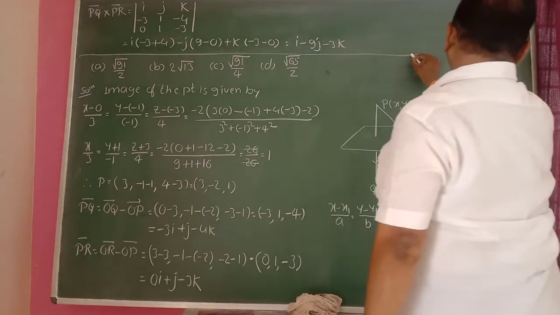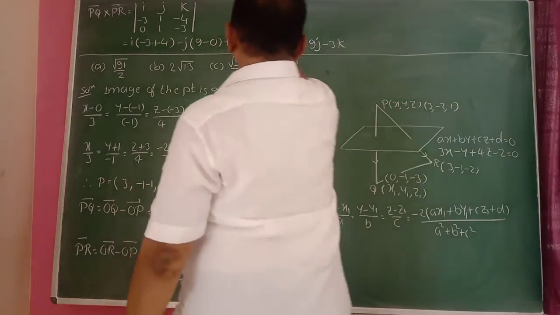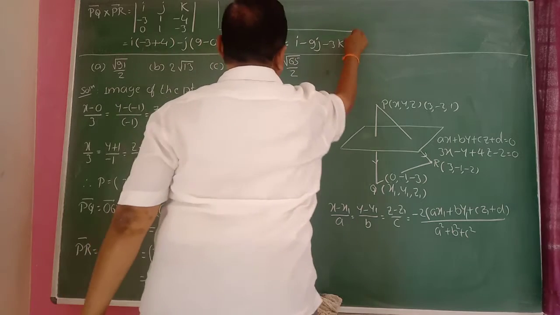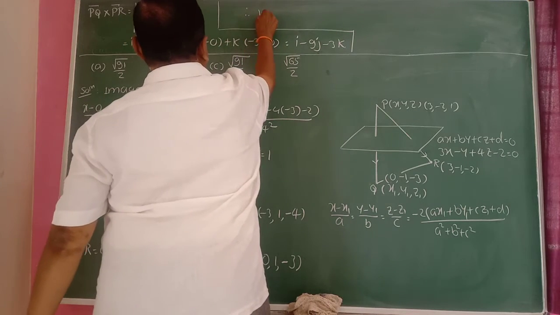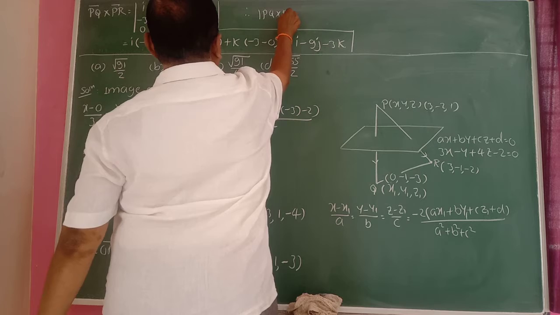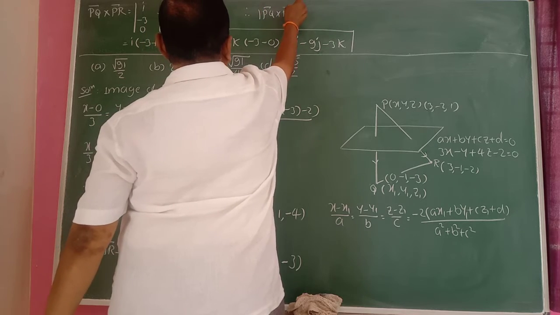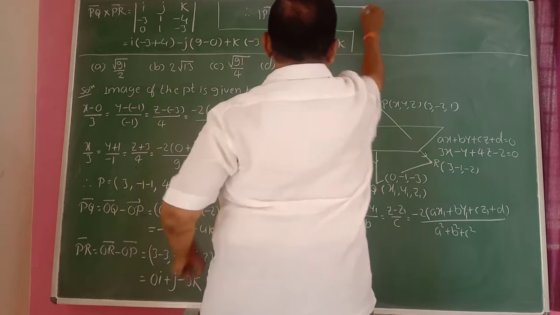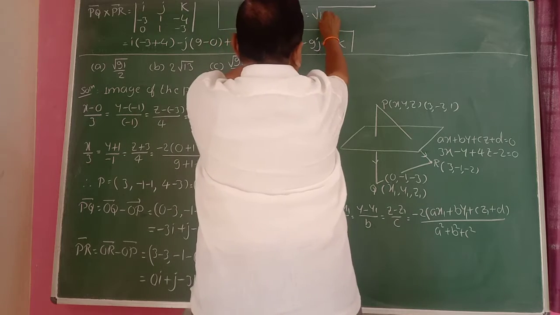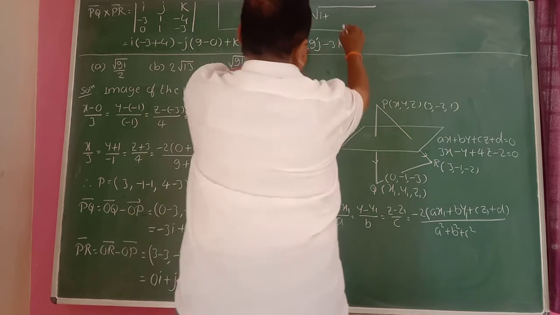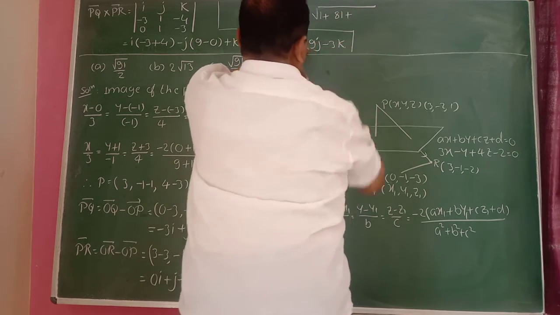Then find its modulus. The modulus of PQ cross PR is given by the root of 1 squared, which is 1, plus (-9) squared, which is 81, plus (-3) squared, which is 9.